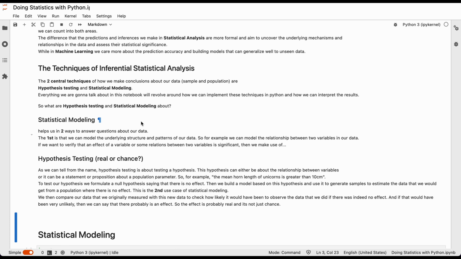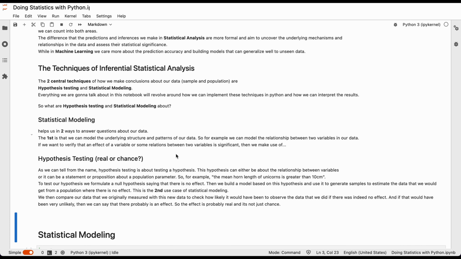In order to make conclusions about our data, we have two central techniques, which are hypothesis testing and statistical modeling. Statistical modeling helps us in two ways to answer questions about our data. The first one is that we can model the underlying structure and patterns of our data. So for example, we could model the relationship between two variables.